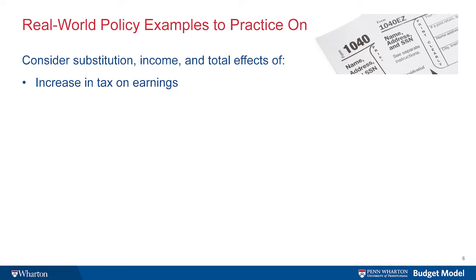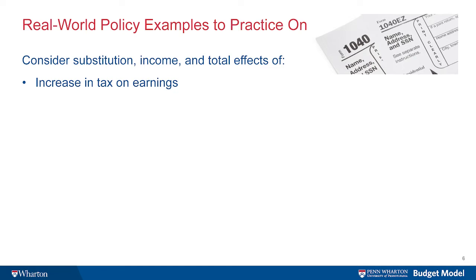Also, lower income households tend to have a harder time substituting away from things that are becoming higher taxed. They don't have the luxury of going to the employer and saying, my marginal tax rate on my income has gone up, so I'd like to switch my hours of work from 40 hours a week to 38.5 hours a week.